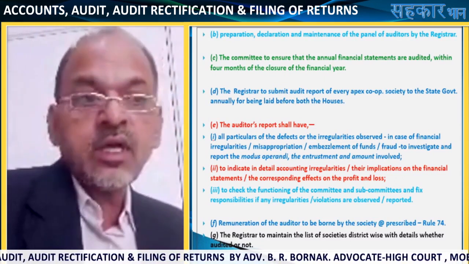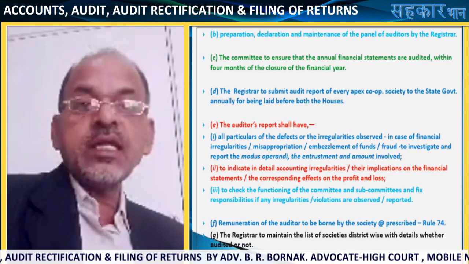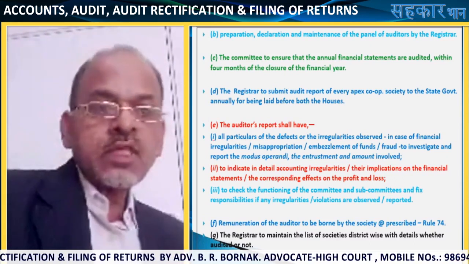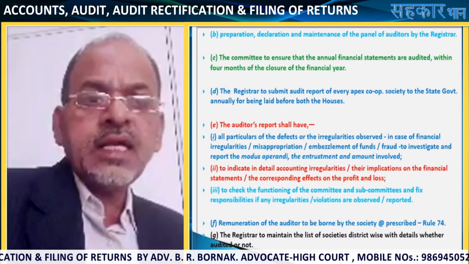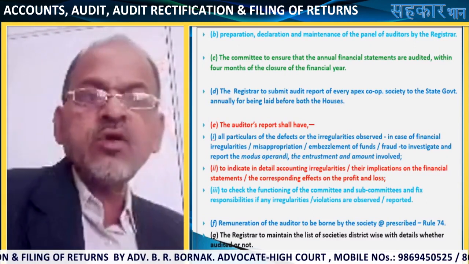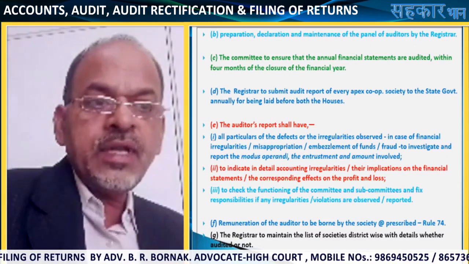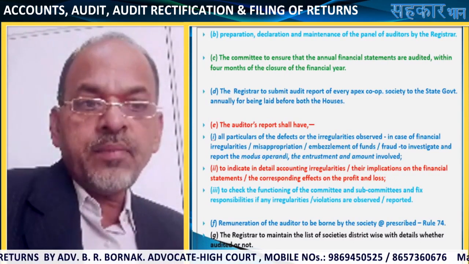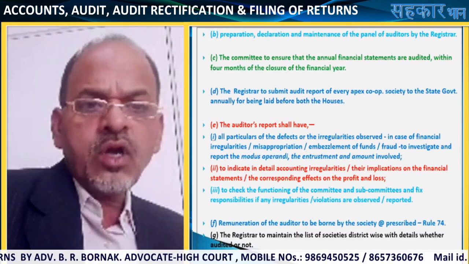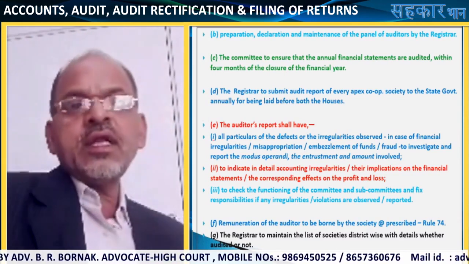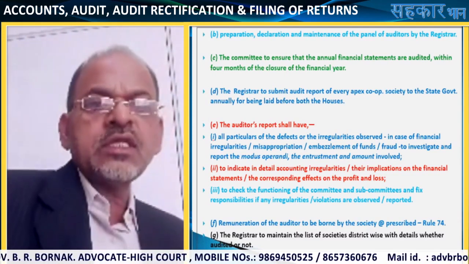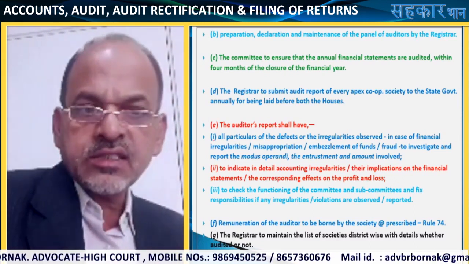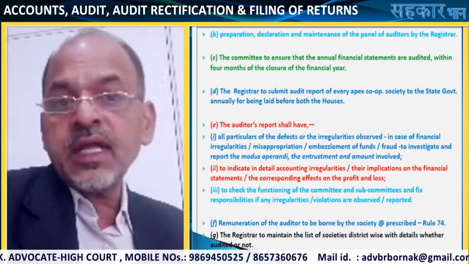Then in the audit report, to indicate in detail accounting irregularities, their implications on the financial statements, and the corresponding effects on the profit or loss. If accounting irregularities have been noticed, then they are to be reported in the audit report, and their implications on financial statements and the corresponding effects on the profit and loss of the society are to be mentioned in the audit report.